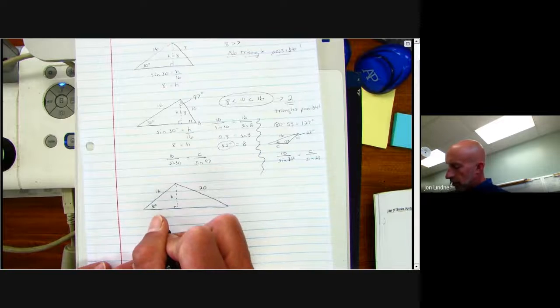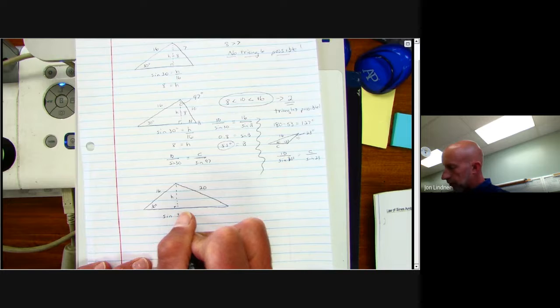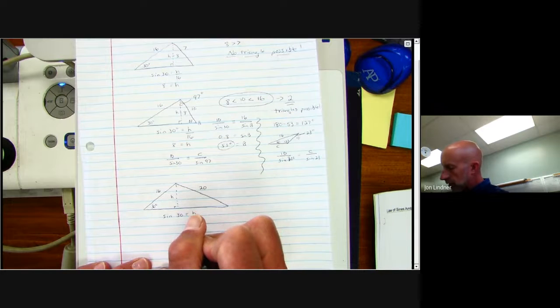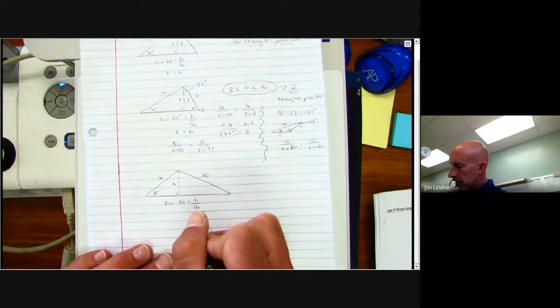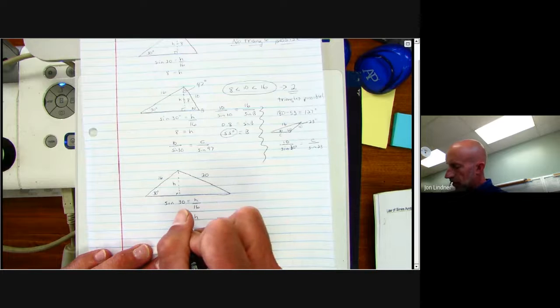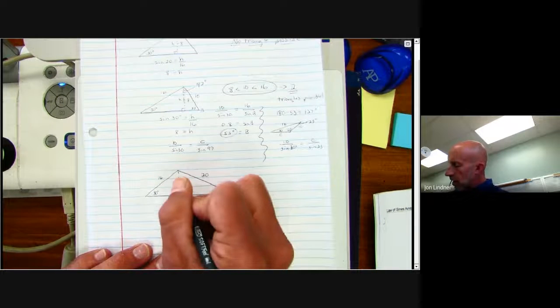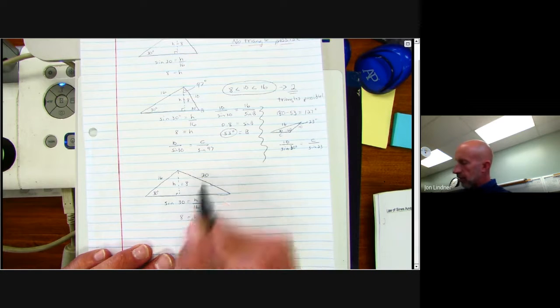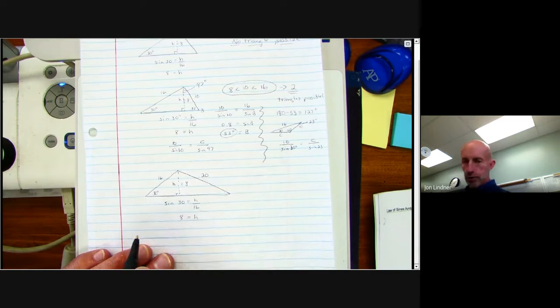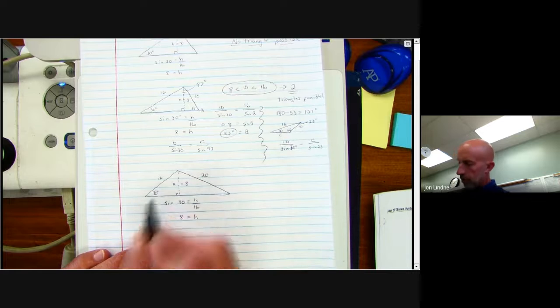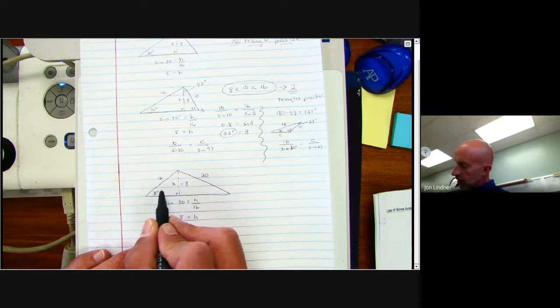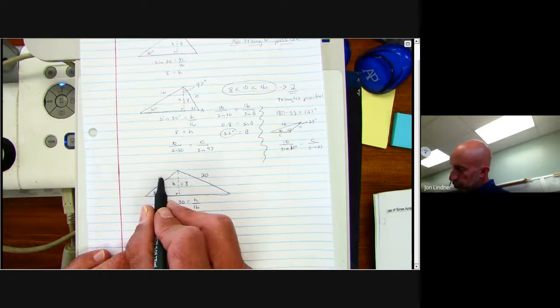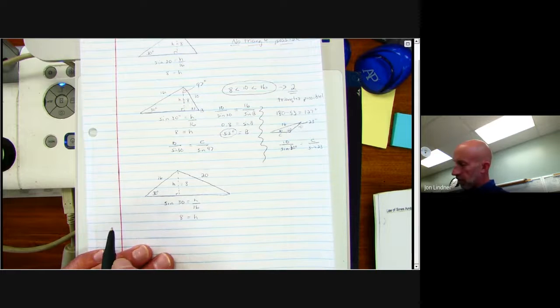So once again, let's find h first. The sine of 30 is h over 16. Again, I made this easy. H is going to be 8 again. So h is 8, and 8 is less than this side that is opposite the angle. But this side that is opposite the angle is bigger than the adjacent side this time.